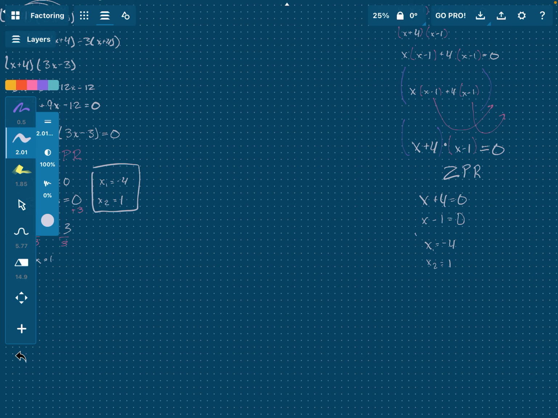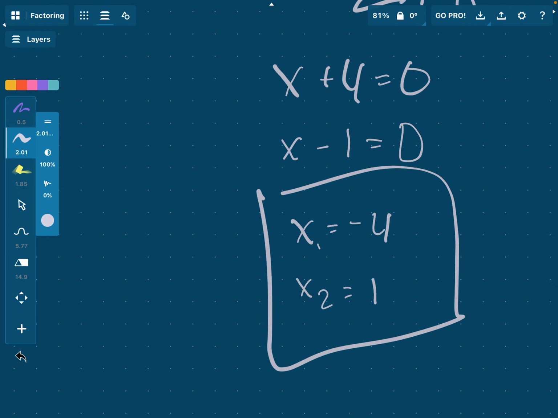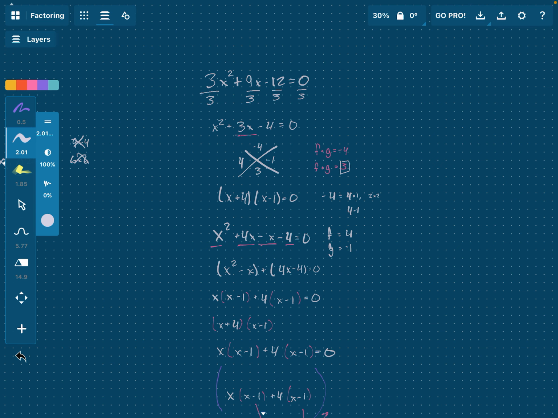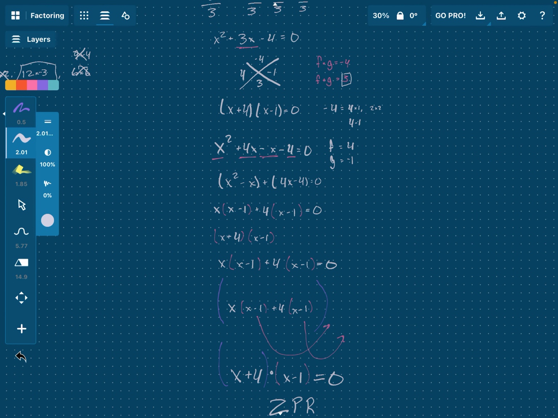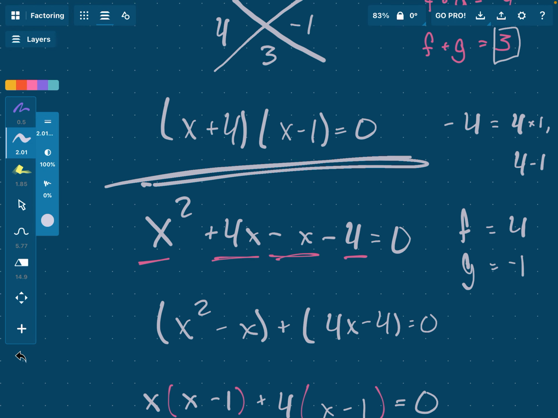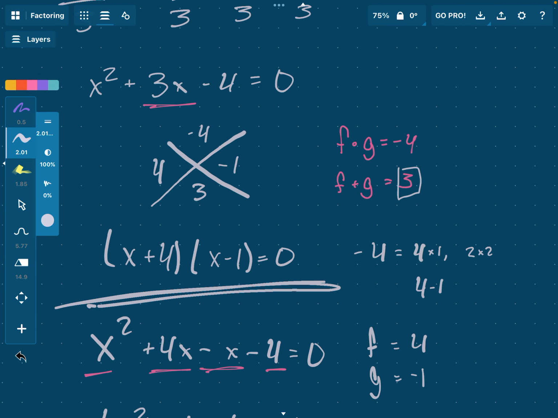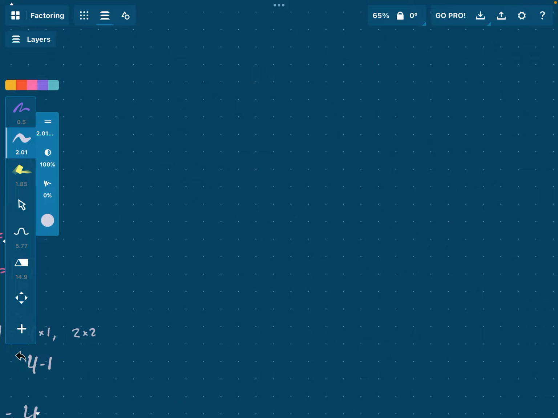So again, these are the same values that we got over here, but it's a different approach to doing it. And obviously I made it a little bit more complicated because I wanted to show where this came from instead of just saying, here, memorize this. But either way, it's going to give you the same answer, and that's the important thing.